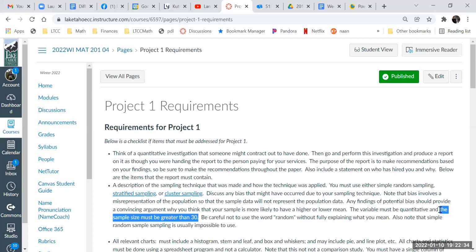This is going to be really important in further chapters. We're going to learn that for quantitative data, greater than 30 is the hallmark of a good study. And if it's not greater than 30, you've got all kinds of issues. Just trust me on that. We're going to learn in a few weeks why greater than 30 is the biggie. For now, just trust me, you need to be greater than 30.